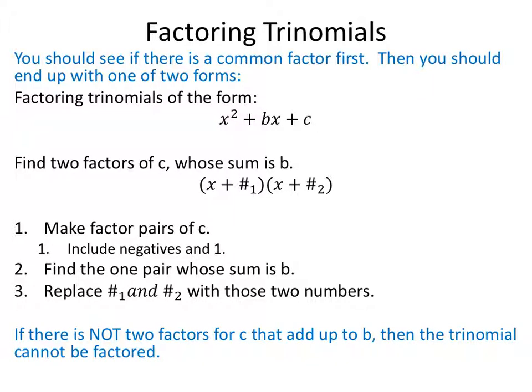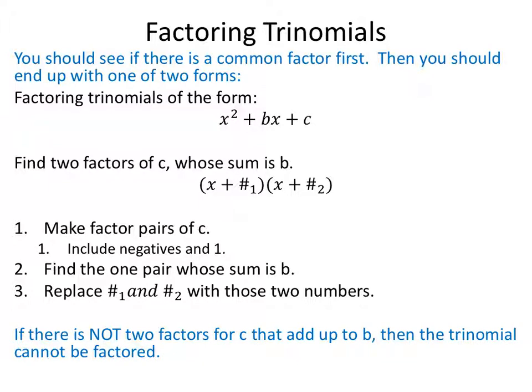This allows us to break this up the way that we want to, actually. This is kind of a rule. If we look at two factors of c that add up to b, then it's just x plus the one factor as the first binomial, and then the second binomial is x plus the second factor.